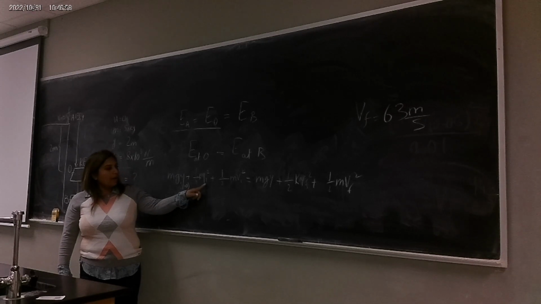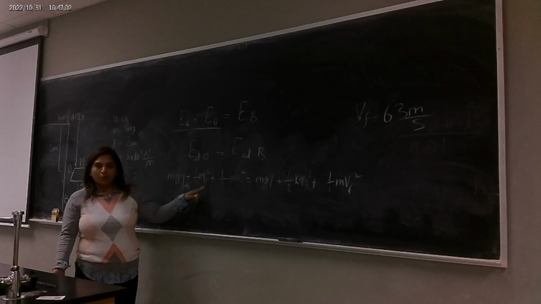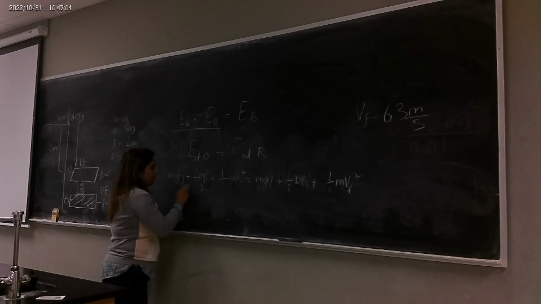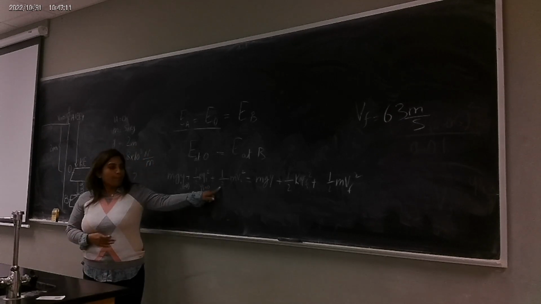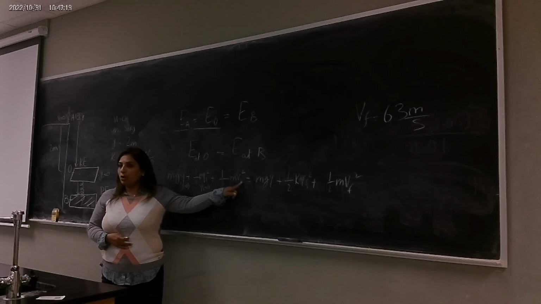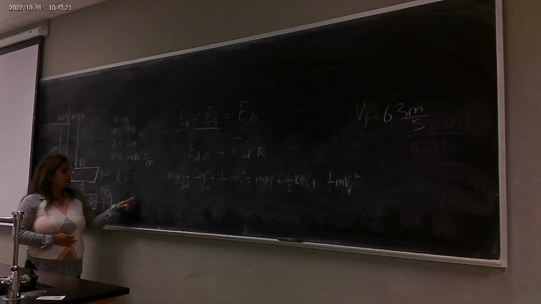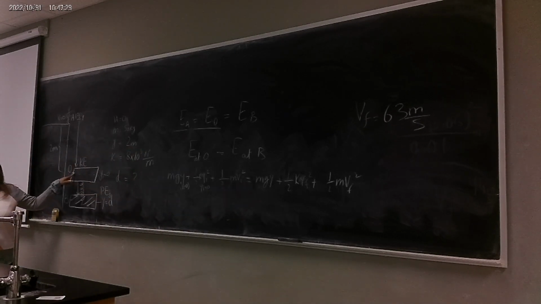K, Yi, that is also 0. Good. This is the same. Yi is 0 here, Yi 0 here as well. M, we know that. Do we know Vi? Is it 0? At point O, it should be 6.3.